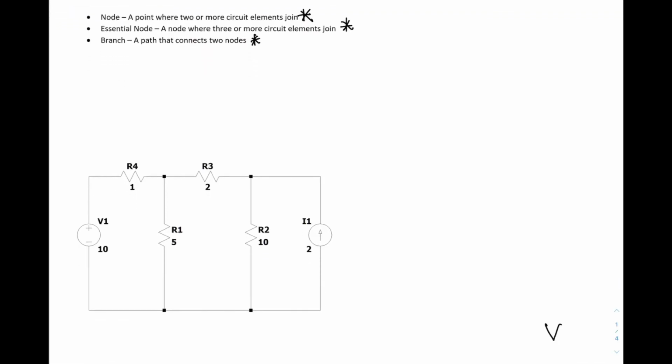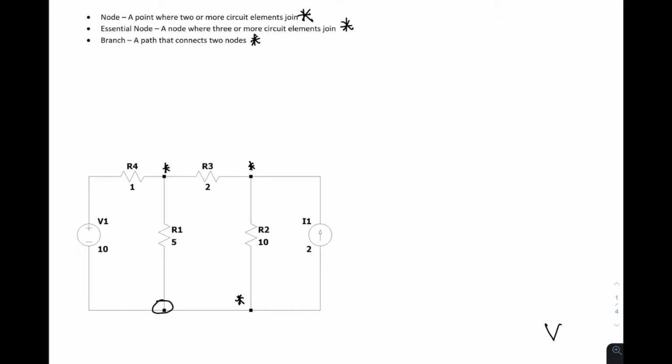If you take a look at the circuit below, you'll notice that it has three essential nodes where three or more circuit elements join. You have one here, and one here. You may think that there are four, including this spot here.